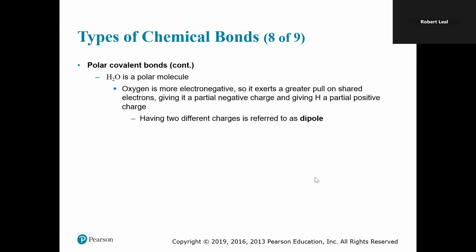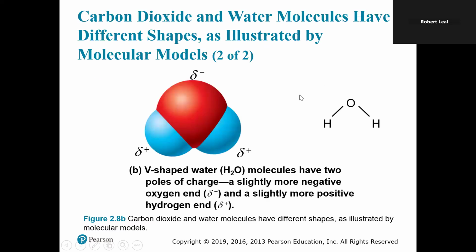I believe we are. So an example of a polar covalent bond. Here you've got water. Again, oxygen is stronger than hydrogen, so it's pulling the electron, not pulling it off, but pulling it a little closer toward it. And yet the electrons are still being shared, so it's still a covalent bond.